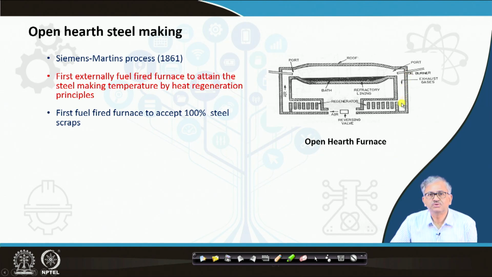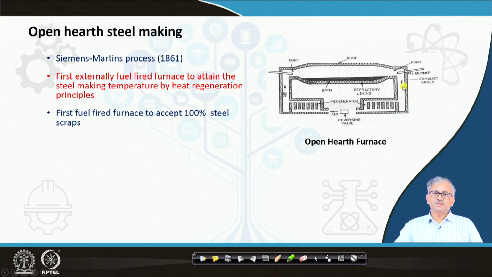When the exit gas comes out, there is checker brickwork. Checker brickwork, as I say, is nothing but brickwork with a lot of surface area, such that your heat exchange becomes very effective, and then the brick can retain the heat.